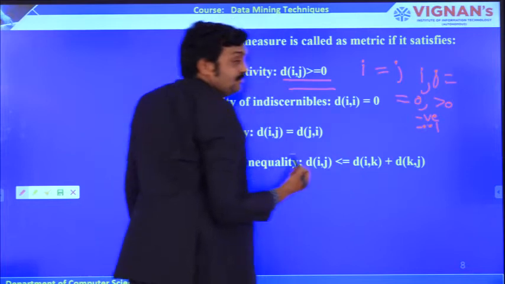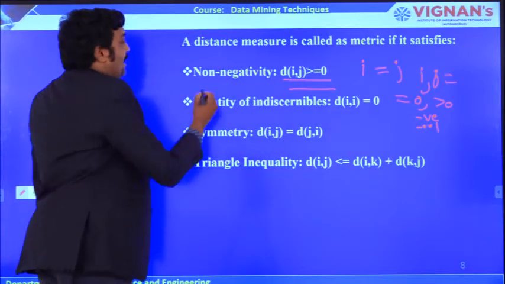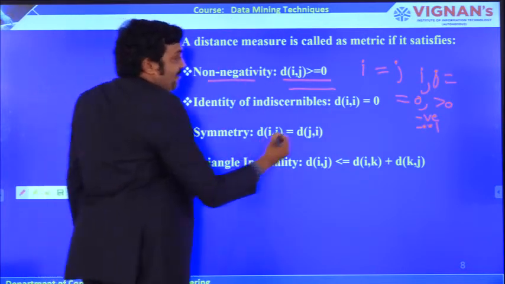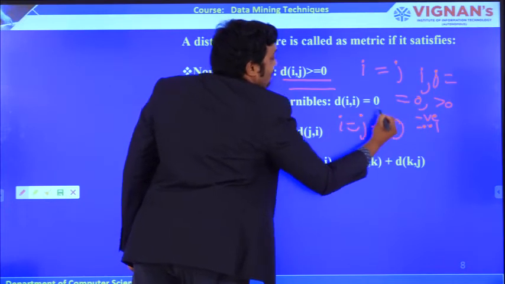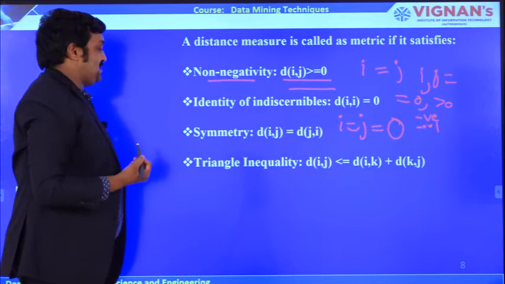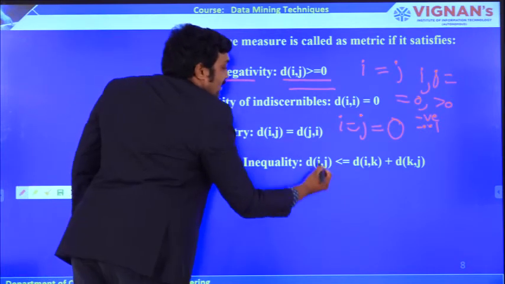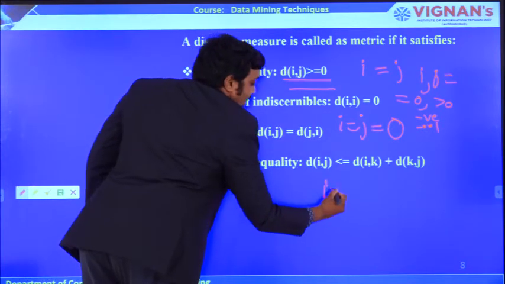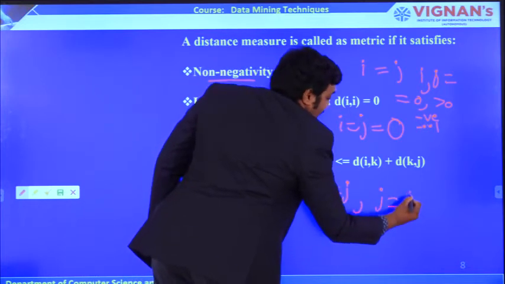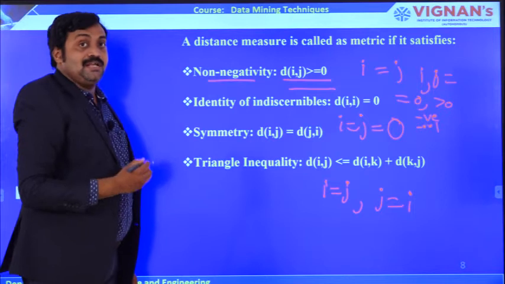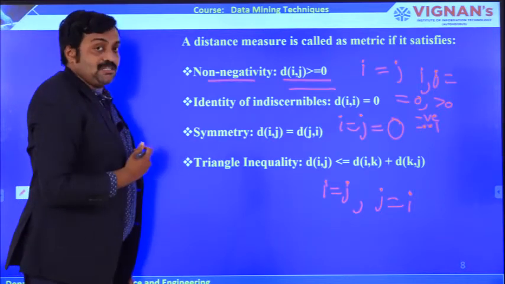We will get a non-negative value. Whenever i equals j, both objects are similar. And when i equals j, we can also write j equals i, because both are the same objects. That is why they are similar objects.